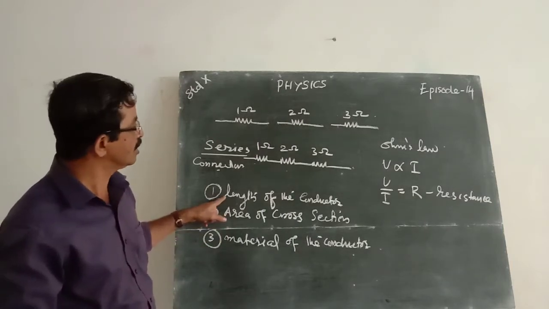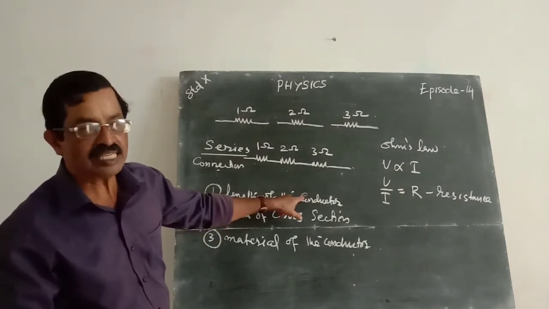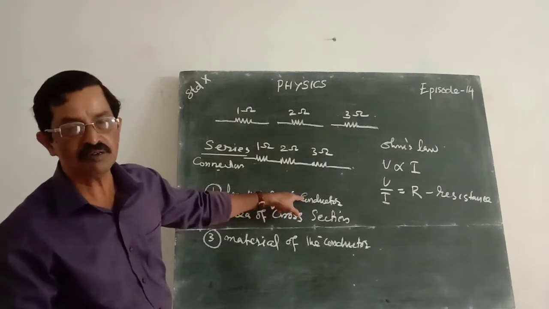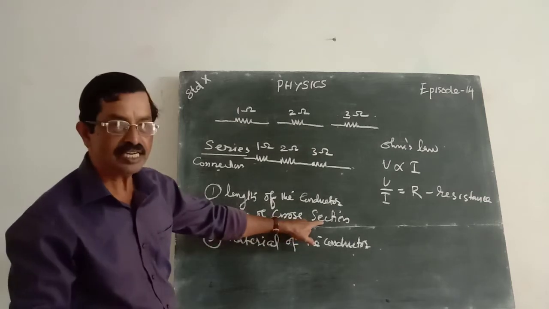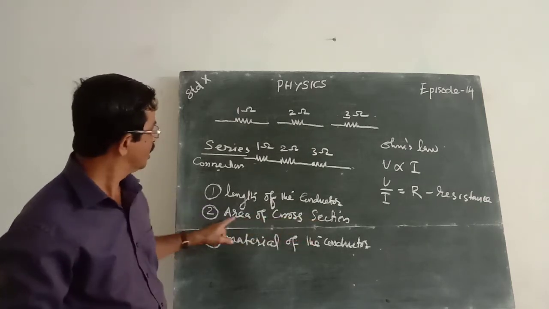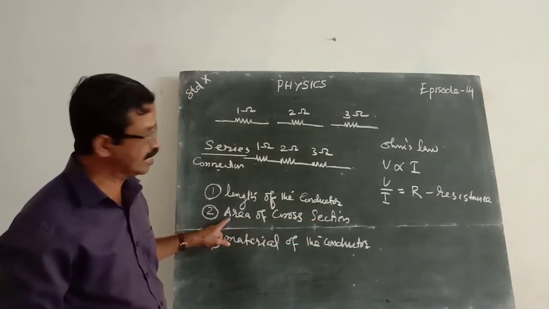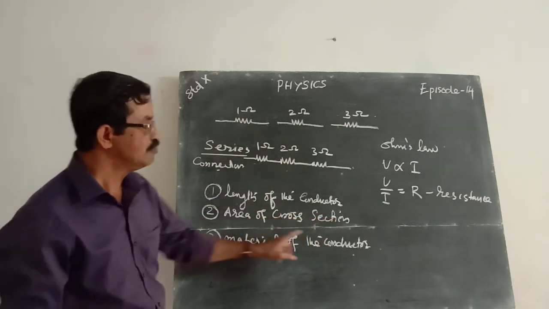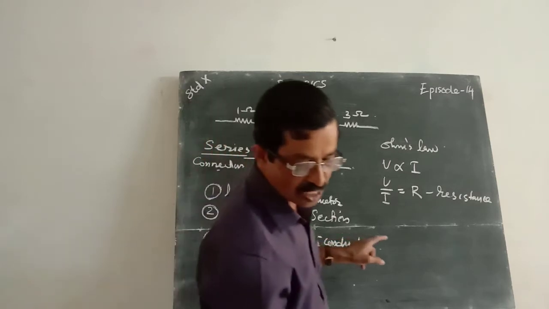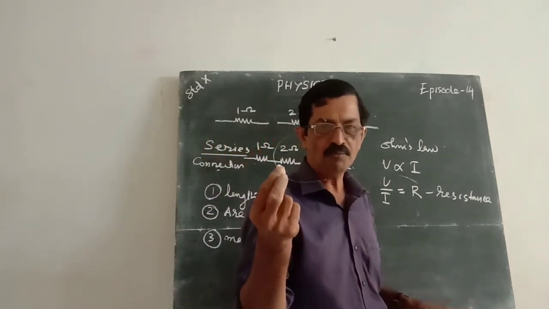On length, this means if the length changes, resistance also changes. Second one, area of cross section. It means when area of cross section or thickness changes, resistance also changes. And third one is the material of the conductor. See, this wire is nichrome.